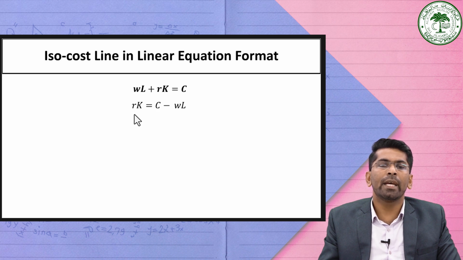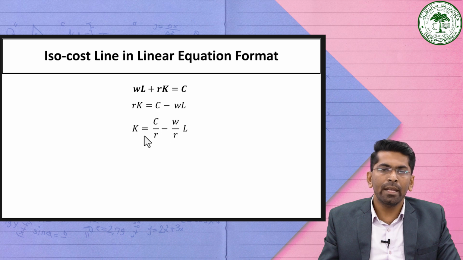Then dividing both sides of the equation by R, we isolate K: C upon R minus W upon R into labor. So we get the linear format of the isocost line: K is equal to C upon R minus W upon R into L.